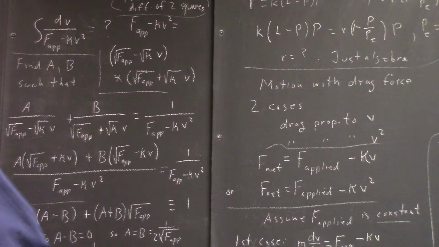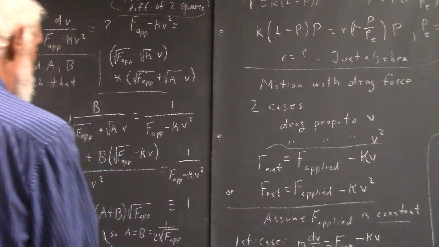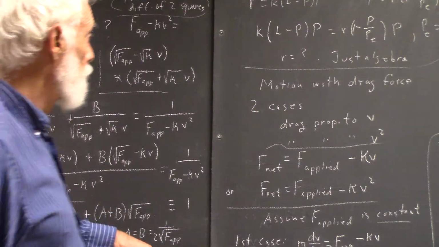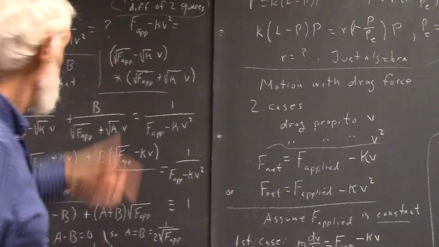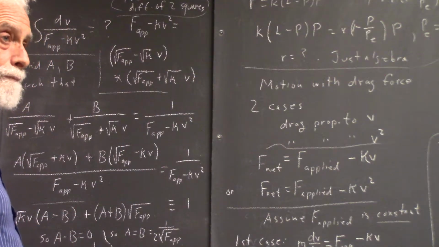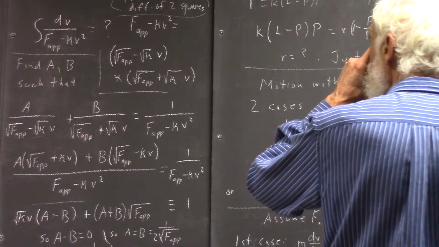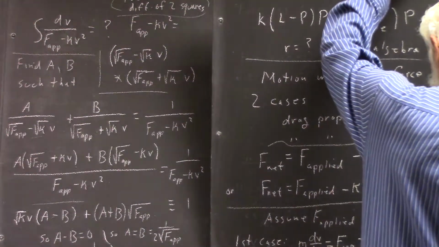Okay? A equals b from this one, then using that, you find that they're both equal to this. Okay? So now we have, again, our partial fractions.